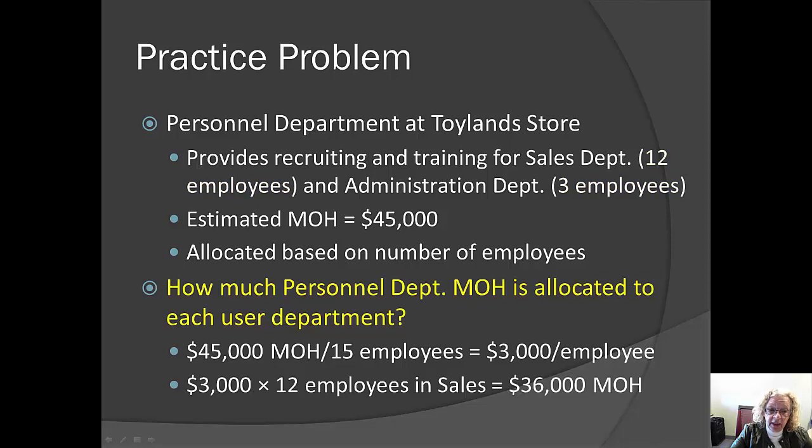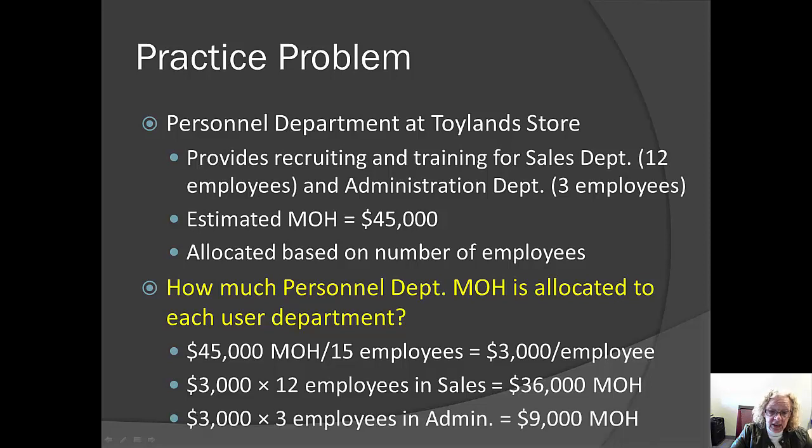Since the sales department has 12 employees, they are going to get $36,000 of the allocated overhead. The administration department only has 3 employees. It will receive $9,000 of the personnel department overhead.